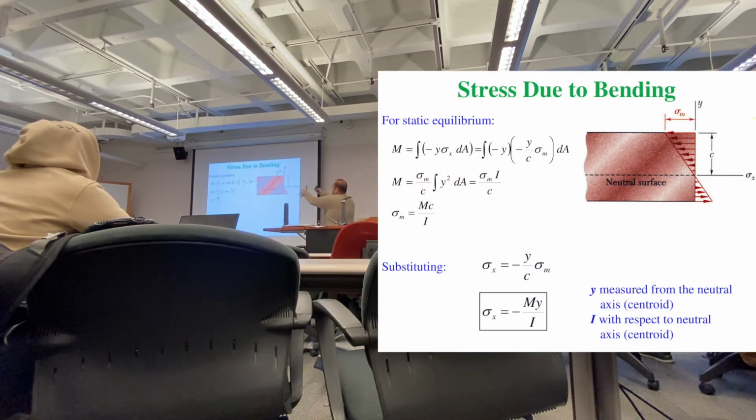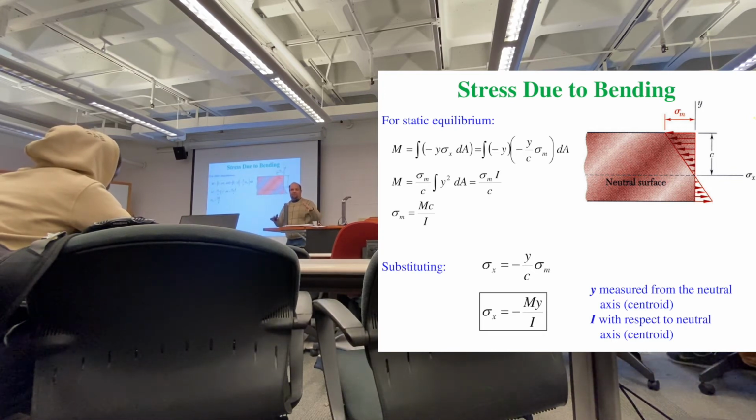Okay, we need this for bending and for half of the topics I'm going to talk about right now. Because for half of the topics in strength of materials, you get the inertia or you're given the inertia and find out what to do.